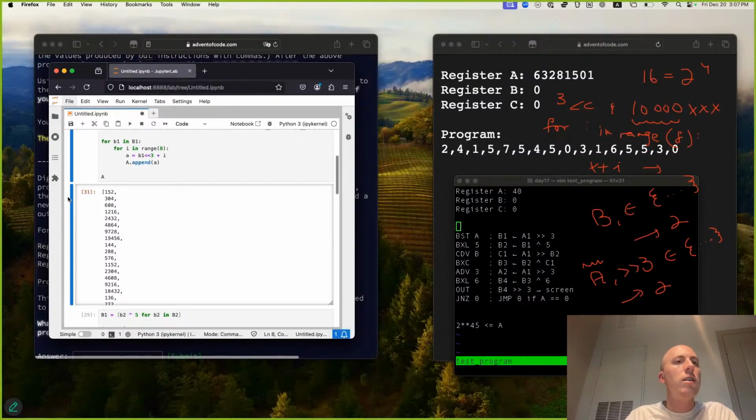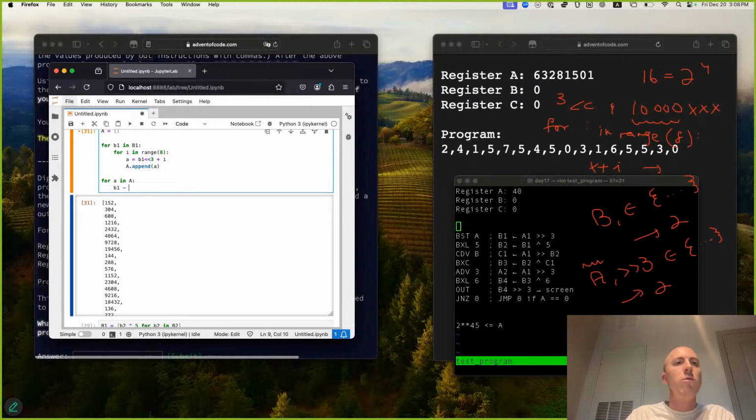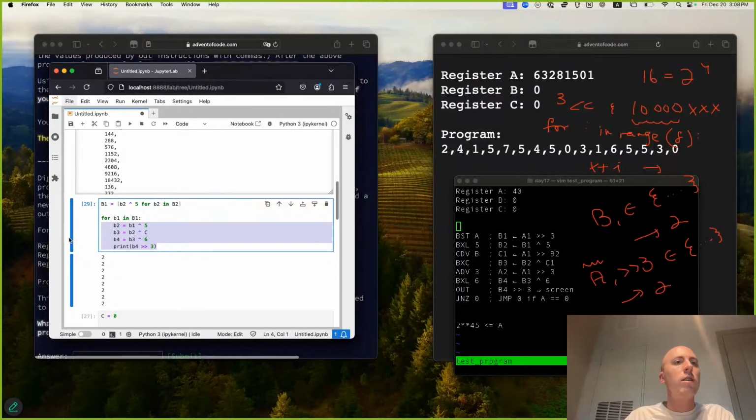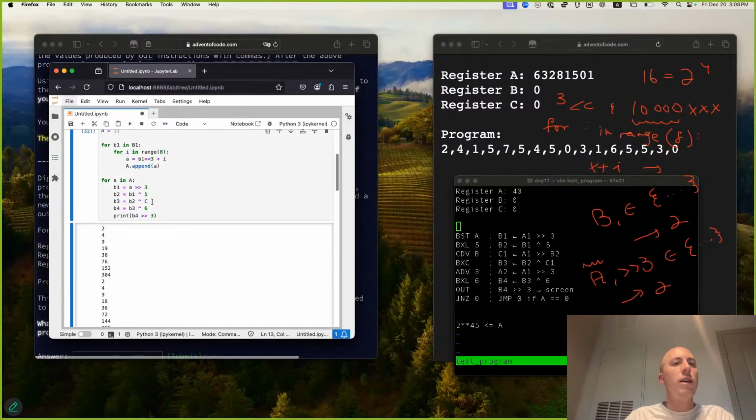So we have A, and so we'll just say for A in A, we'll say B1 is equal to A, but shifted over by 3, and then we'll just get the rest of this program. And we should get all 2s, but we don't.